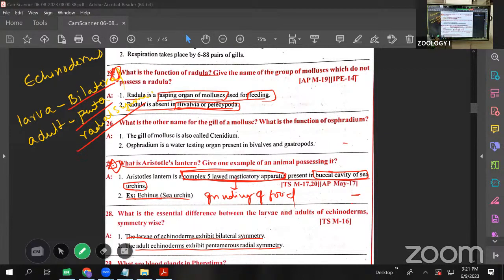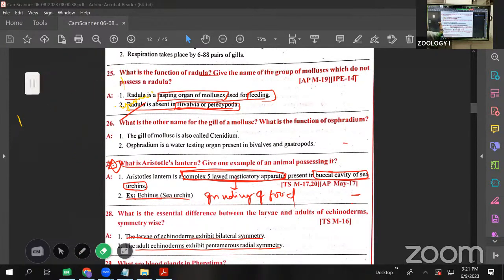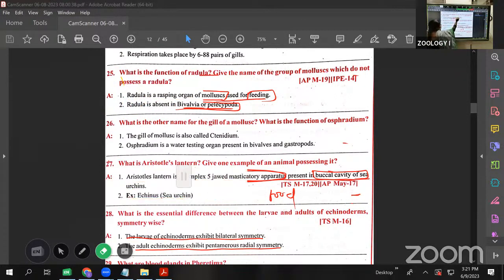This is about animal diversity 1 VSAQs. Next is animal diversity 2, fourth lesson VSAQs, we are going to discuss.